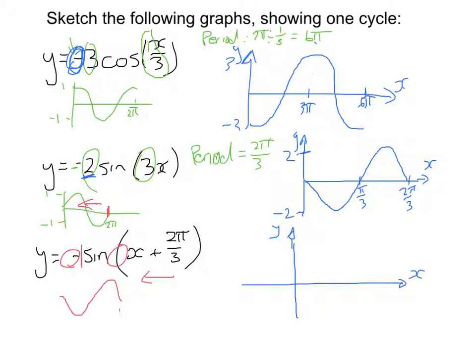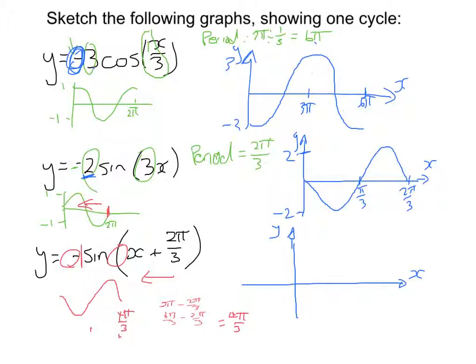At the end here, our 2 pi has been shifted to the left by 2 pi on 3, so we're going to have to work out 2 pi take 2 pi on 3, which will be 6 pi on 3 take 2 pi on 3, which equals 4 pi on 3. So that tells us the end here is going to be 4 pi on 3.